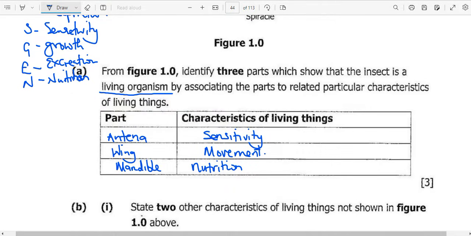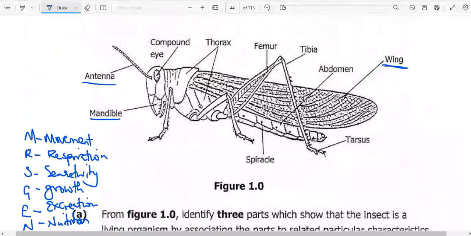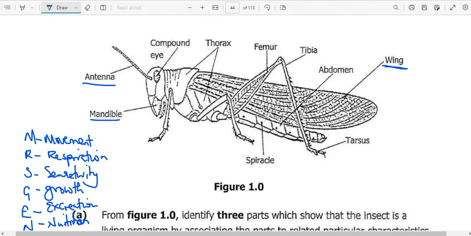Okay, so we can move on. State 2 other characteristics of living things not shown in figure 1.0 above. So we have to know and identify. Let us see what is not here. From these characteristics that we mentioned, what can we see which is not included in the figure given?